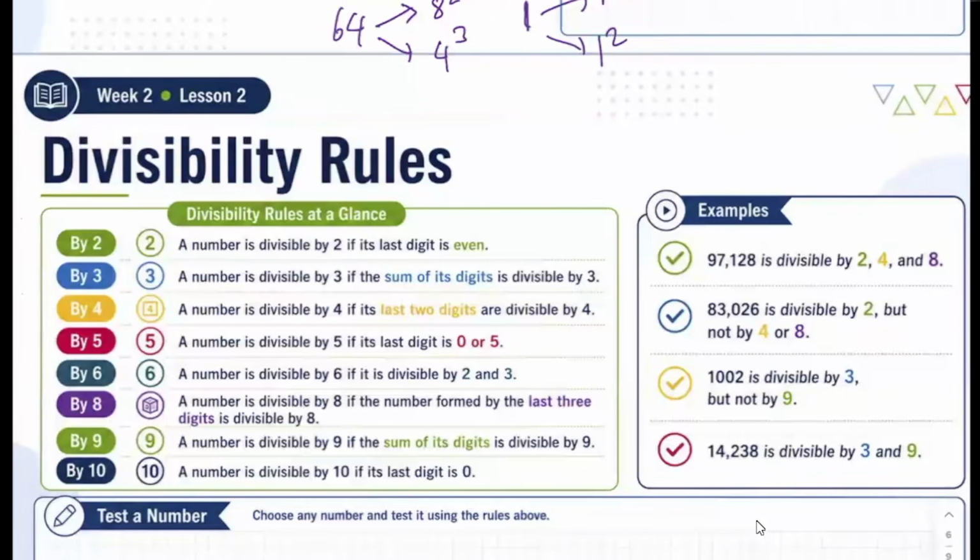The last digit is what? 0, 2, 4, 6, 8, right? Even. Okay, divisibility rule by 5 and by 10. These are the easiest ones, right? 2, 5, and 10. Then after, which one is coming? 3 and 9. What is special for 3 and 9?